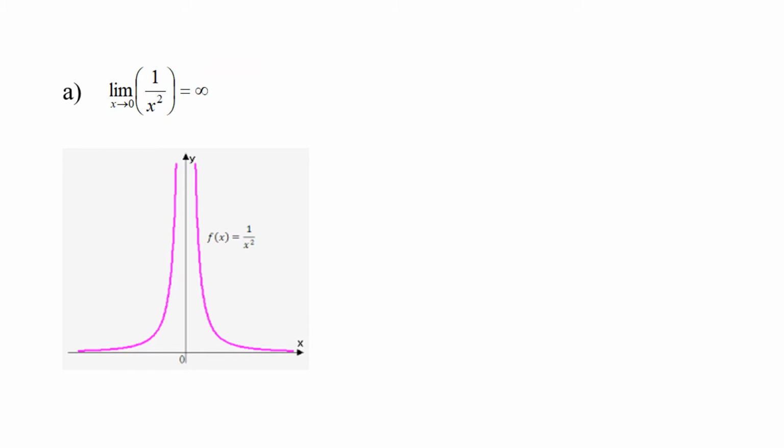We want to use the precise definition of an infinite limit to show that the limit as x approaches 0 of 1 over x squared is equal to infinity. So that means that if 0 is less than the absolute value of x minus a, so x minus 0, is less than delta, then f of x, so 1 over x squared, is greater than m.